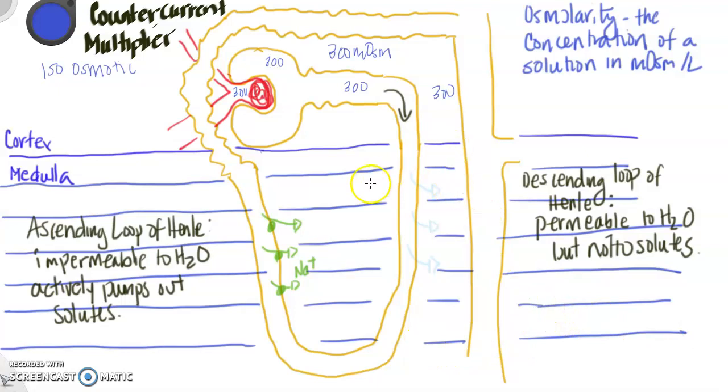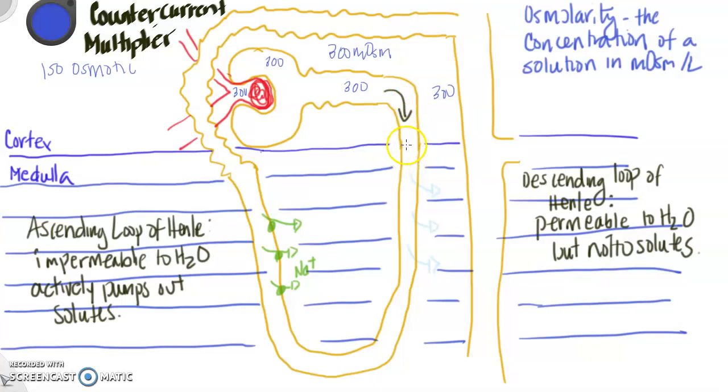So again, the osmolarity changes, all right? As we come down into the descending loop of Henle, the osmolarity of the area around it is going to be higher. So it's going to change the osmolarity of the fluid that's coming down here.